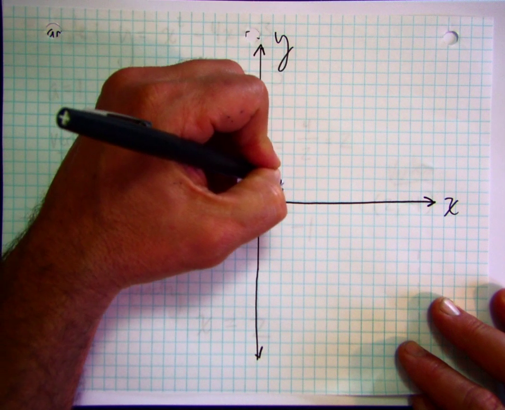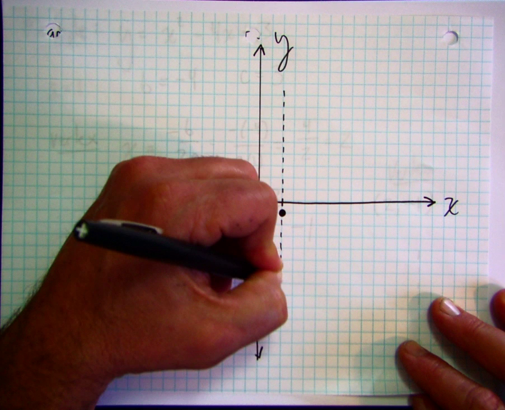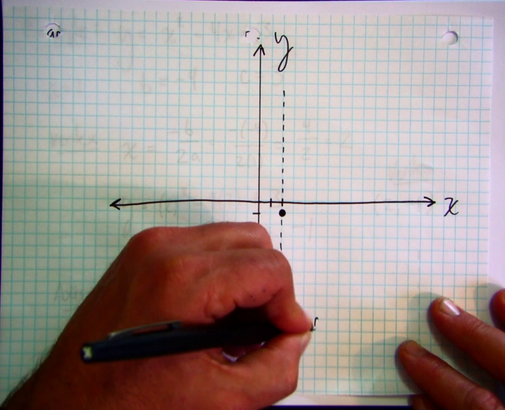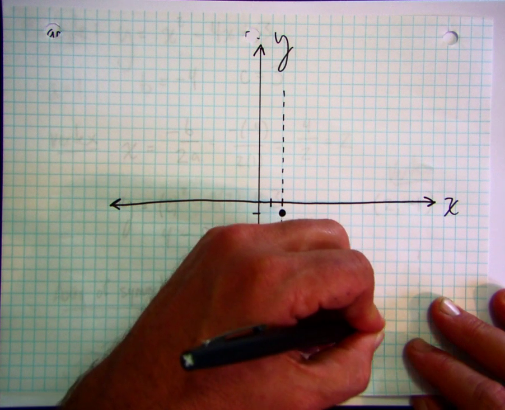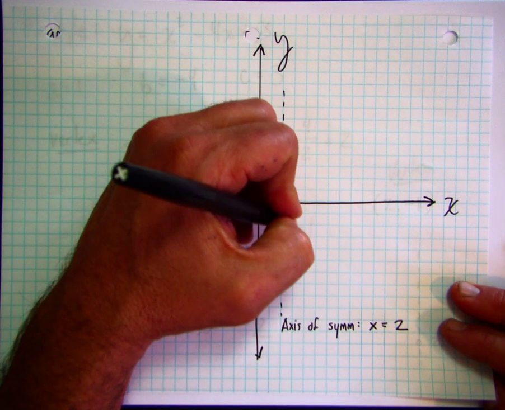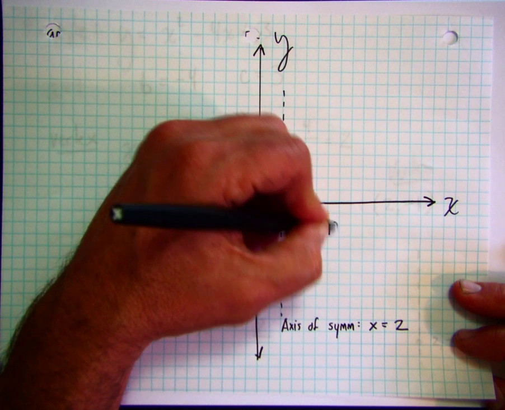Then I'm going to draw a little dotted line, and that's the axis of symmetry, x is equal to 2.